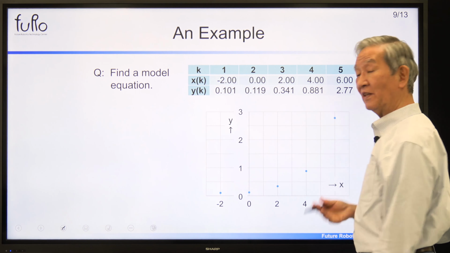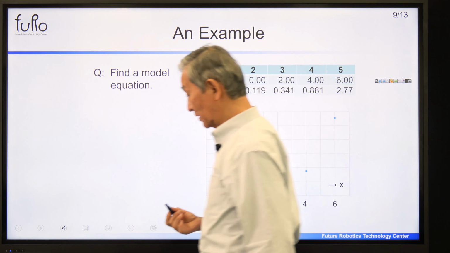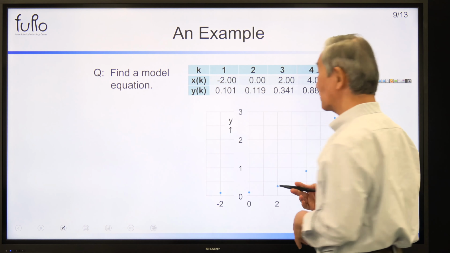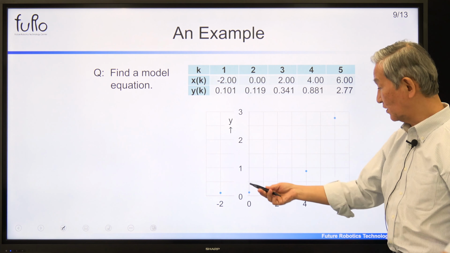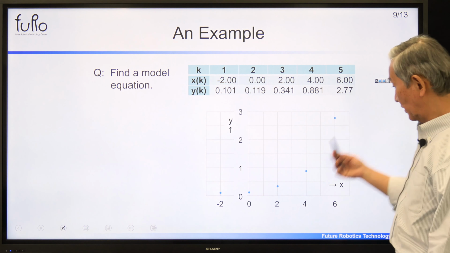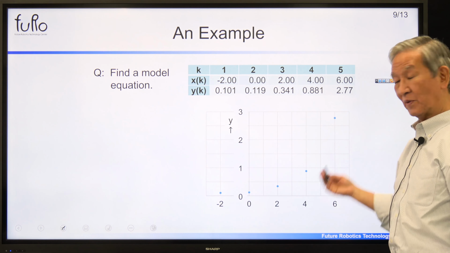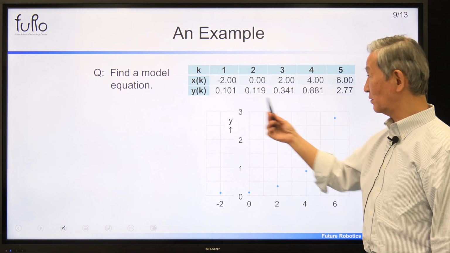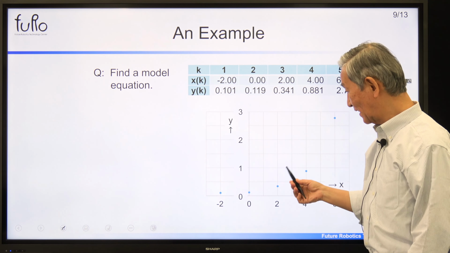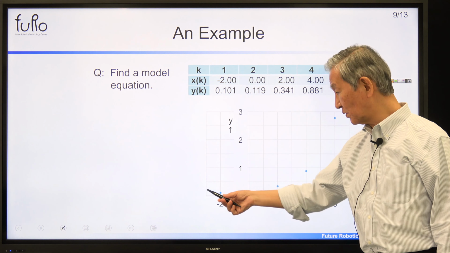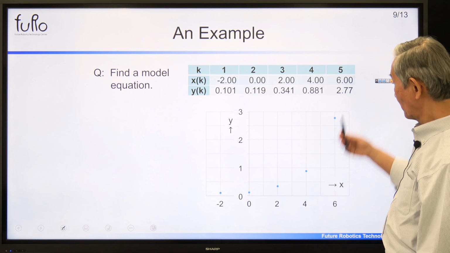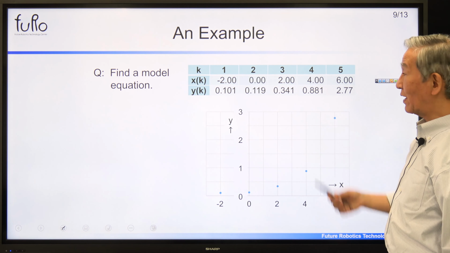All right, let's do that with a solid example here. Find the model equation for this data. So the first thing you will do is to plot those points and see how it goes. It looks like exponential, right? The y value is always positive and goes close to 0 as x decreases, and as x increases, it increases very rapidly.